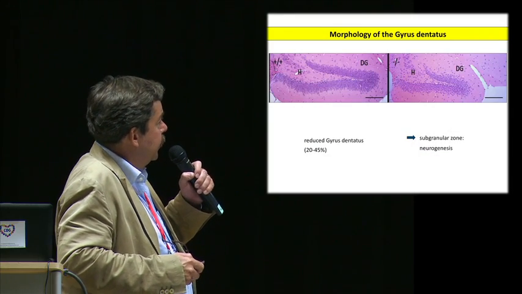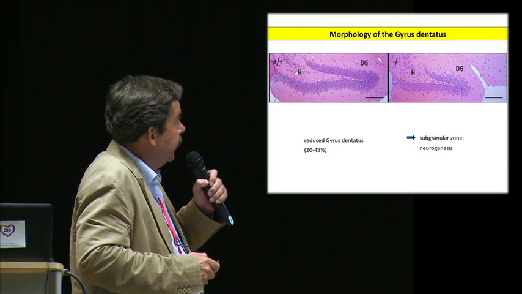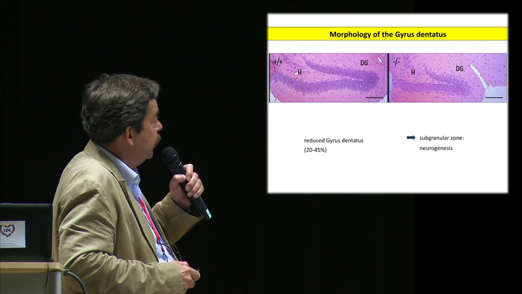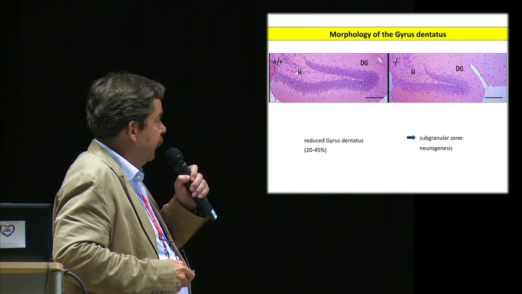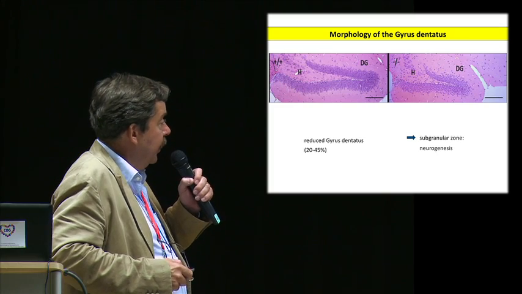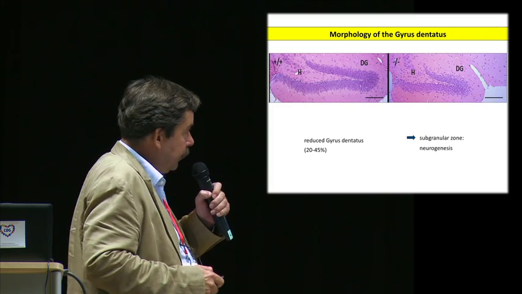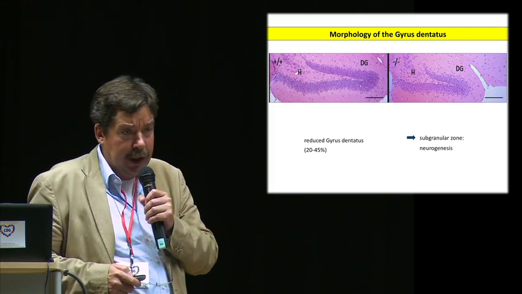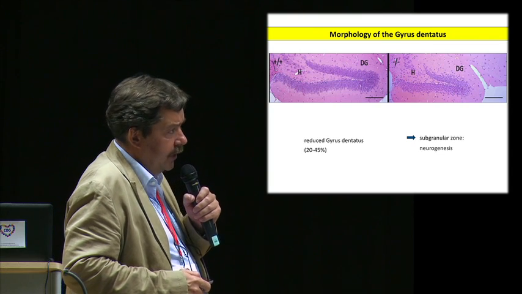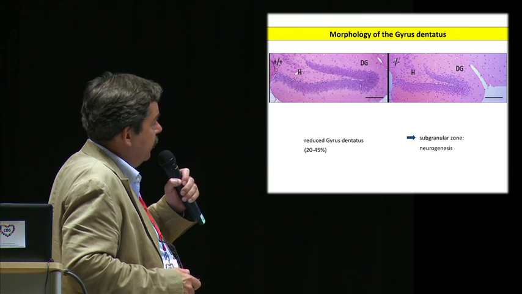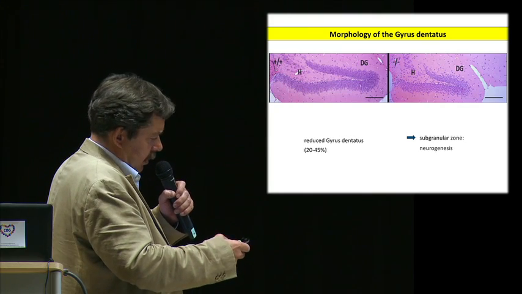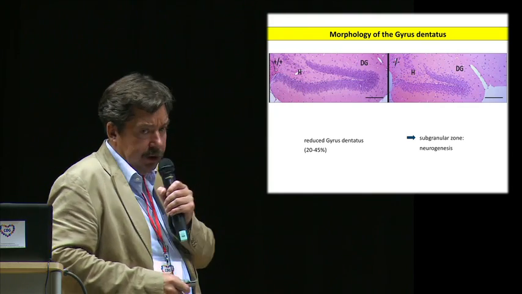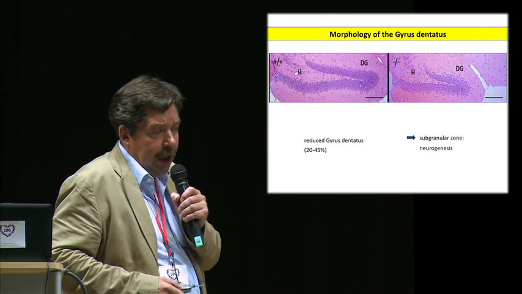The other thing, which is also not published, is that we found morphology changes in the brain. Although these mice are smaller, the hippocampus did not show any differences besides a smaller gyrus dentatus.